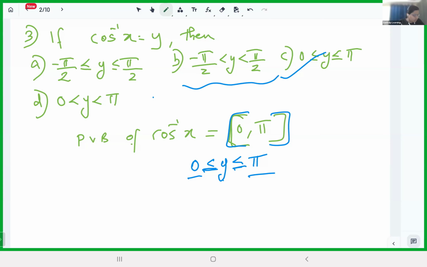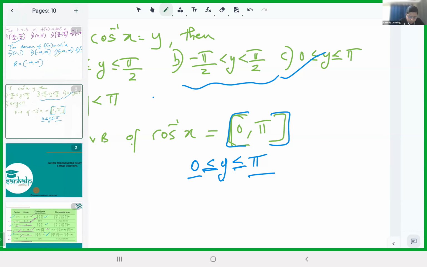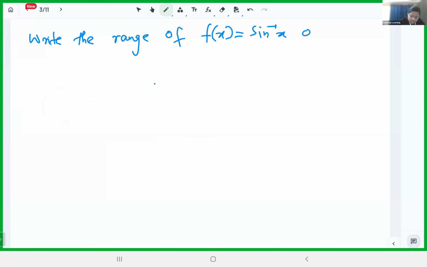Okay, so now we are moving on to the fourth question. Write the range of f of x equal to sine inverse x other than the closed interval minus pi by 2 comma pi by 2.